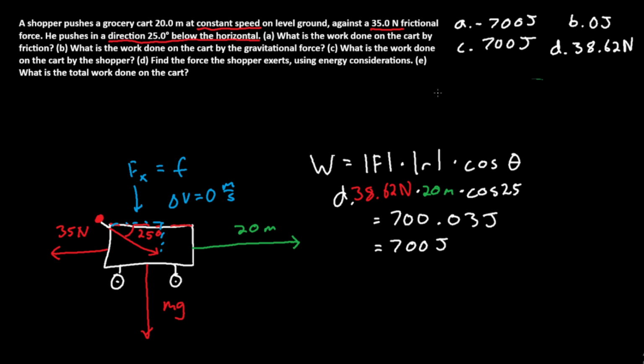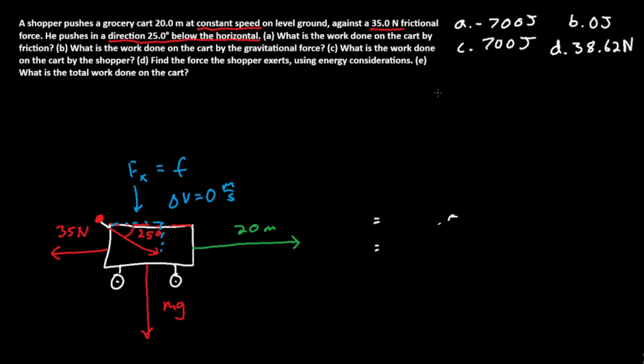Last part, part E, something you have not learned yet. But what is the total work done on the cart? I'll try to explain it. If you know what kinetic energy is, per the work energy theorem, work is equal to change in kinetic energy. Since this cart stayed at a constant speed, the kinetic energy didn't change at all, due to the fact that kinetic energy is dictated by speed.